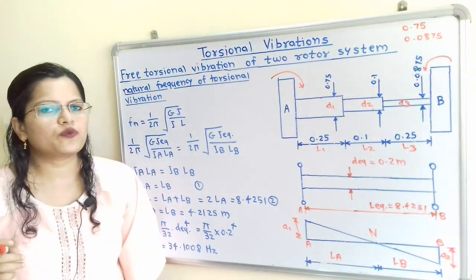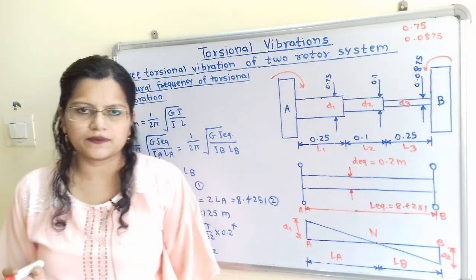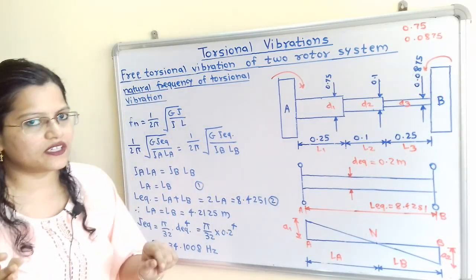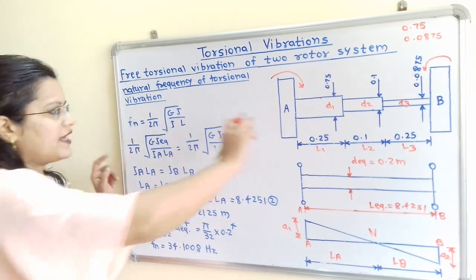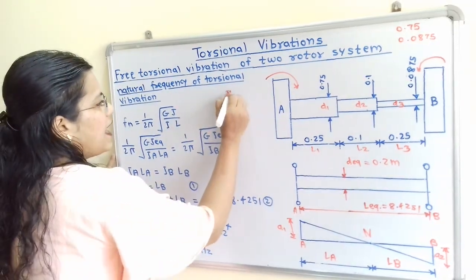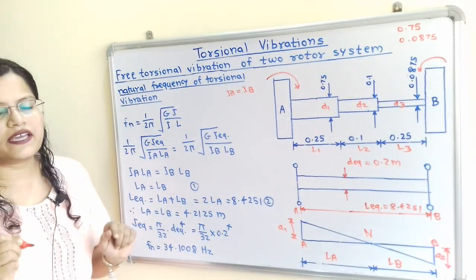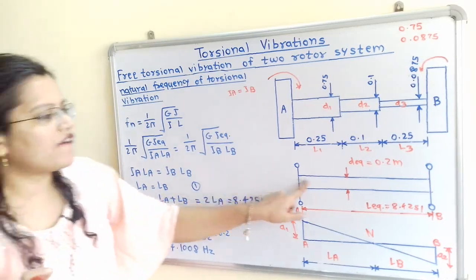Now what is the formula for the natural frequency for the two rotor systems? So we know that the mass moment of inertia for two identical rotor is same, that is IA is equal to IB. Then G, that is the modulus of rigidity for the shaft material.